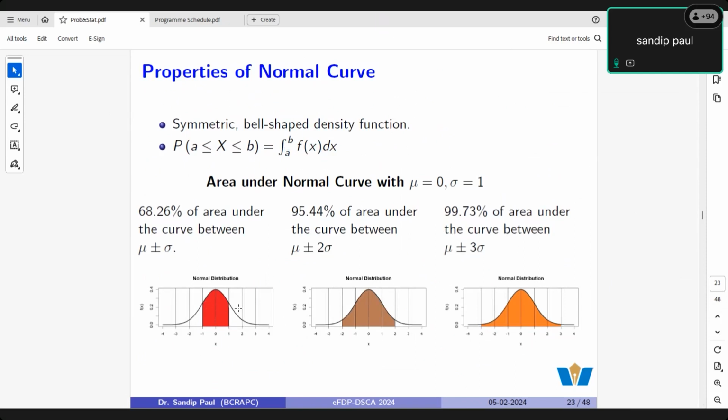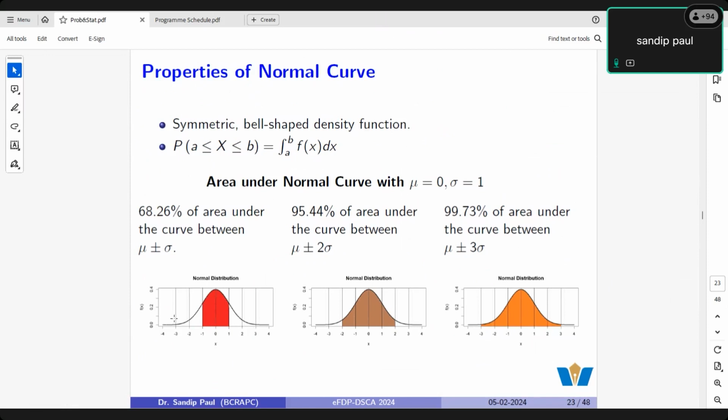If we draw the normal curves, here you can see three different diagrams. In the first diagram, we have shown the probability between -1 and 1. Here the normal distribution is shown, and the probability is calculated between -1 and 1, and you can see it covers 68.26% of the entire area.